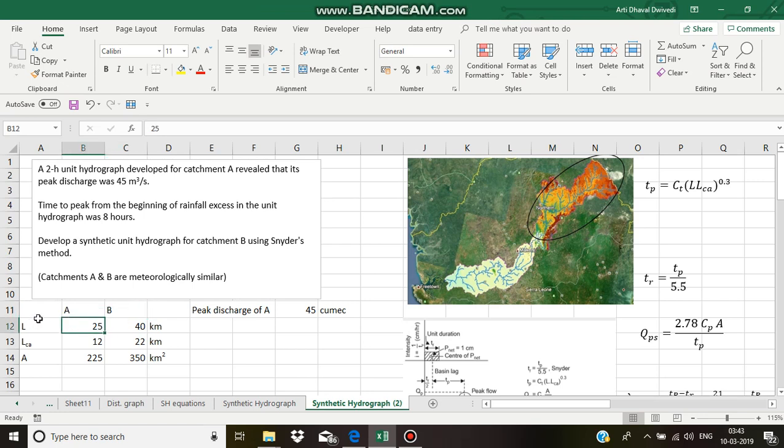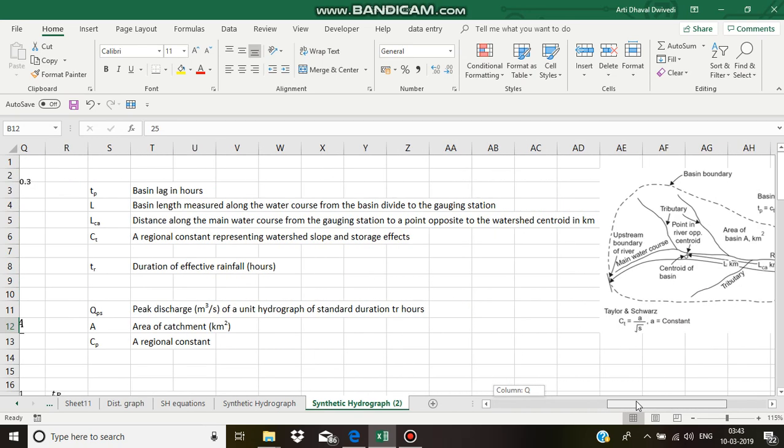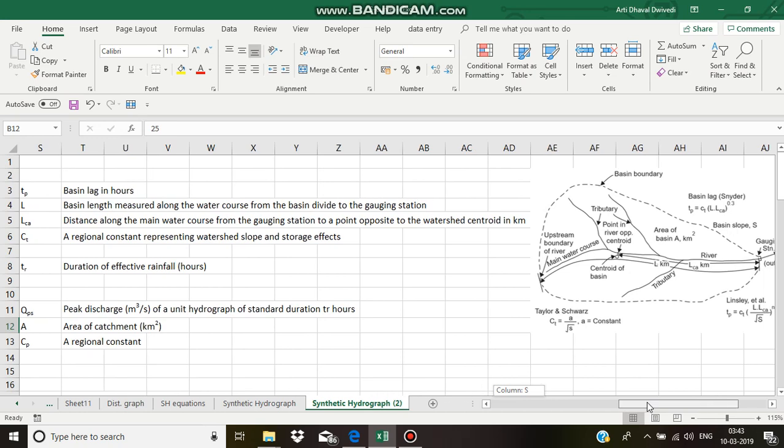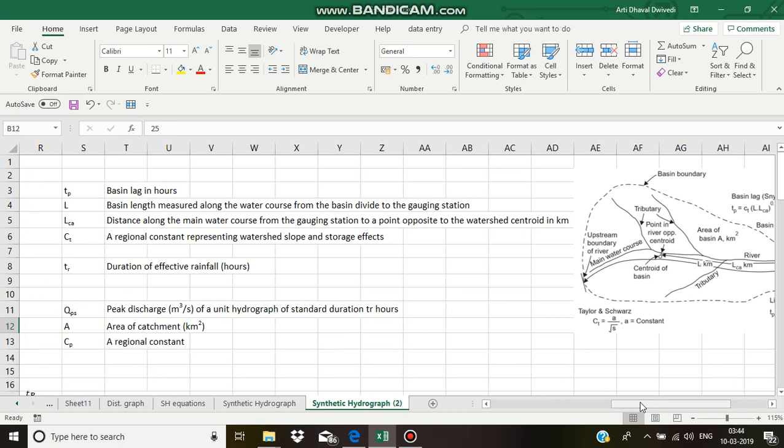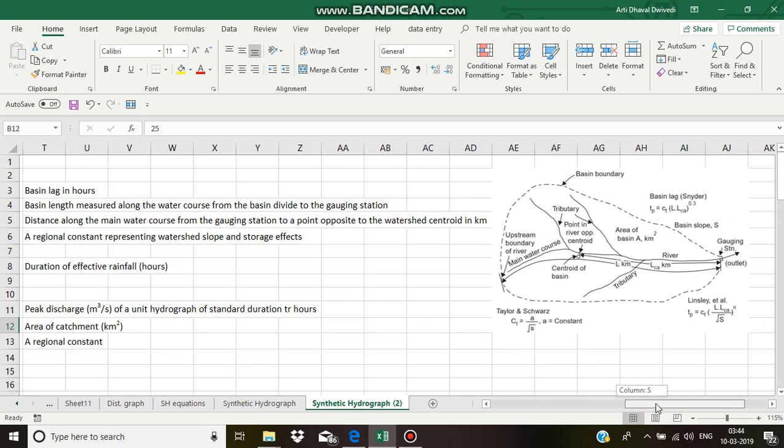Now the basic information about length and area for catchment A and catchment B is given. The length, L, is the basin length measured along the water course from the basin divide to the gauging station. LCA is the distance along the main water course from the gauging station to a point opposite to the watershed centroid.